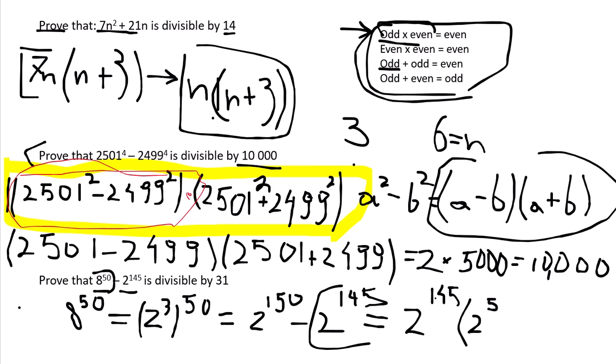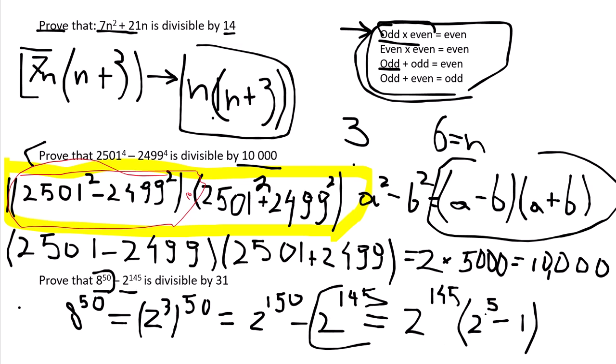If you multiply 2 to the power of 145 times 2 to the power of 5, you add these exponents, you get 2 to the power of 150, and then you take minus 1. Why minus 1? Because 2 to the power of 145 is before the bracket, so you don't need it, it becomes 1 because you already had it before the bracket.